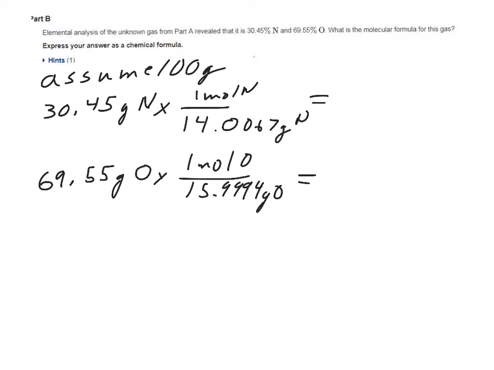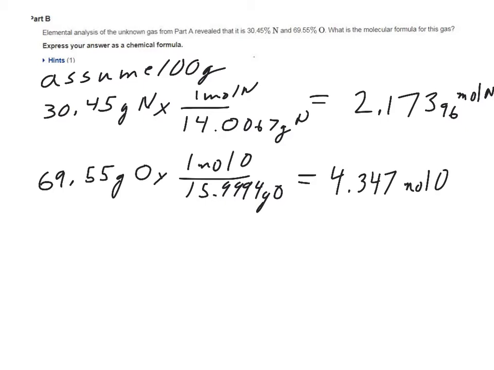So that gives me 30.45 divided by 14.0067 equals 2.174 moles of nitrogen. And for oxygen, that's going to give us 69.55 divided by 15.9994, or 4.347 moles of oxygen.